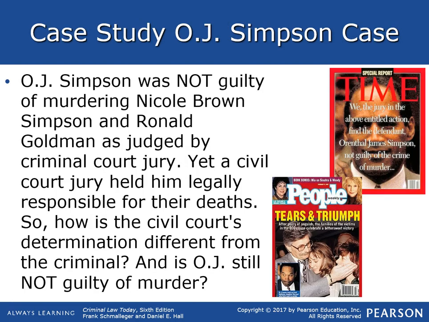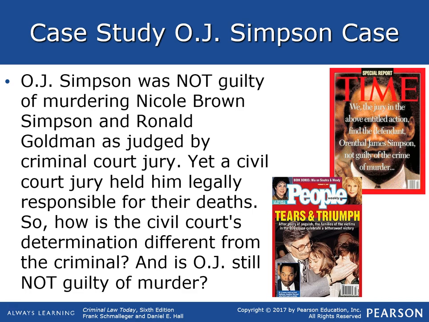Now, an interesting but quick case study here, we look at the case of O.J. Simpson. Now, O.J. Simpson was found not guilty of murdering Nicole Brown Simpson and Ronald Goldman as judged by a criminal court jury, yet a civil court jury found him legally responsible for their deaths.